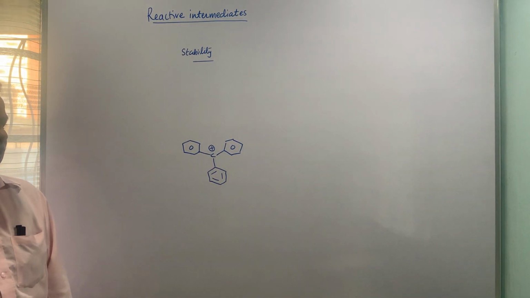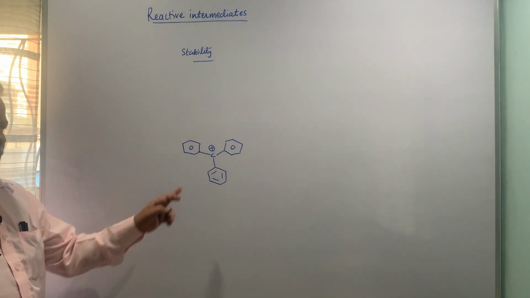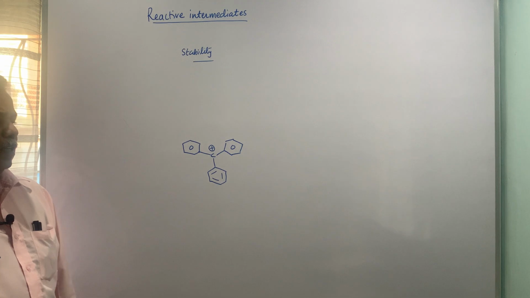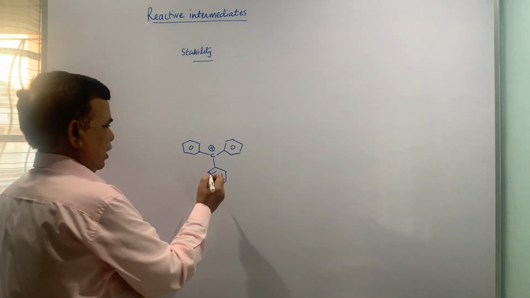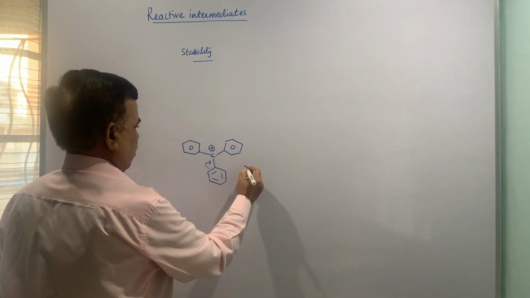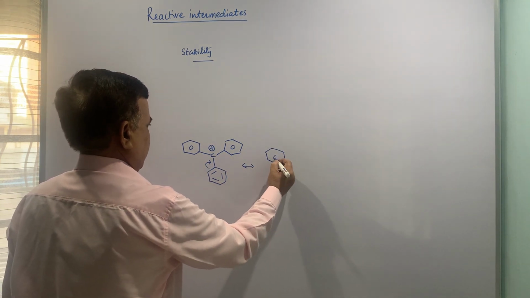This is having 3 benzene rings attached to it. So this carbon is benzylic to 3 aromatic rings, and naturally when you want to show the resonance stabilization, the double headed arrow would be there.